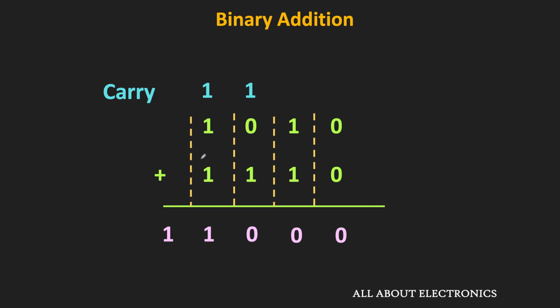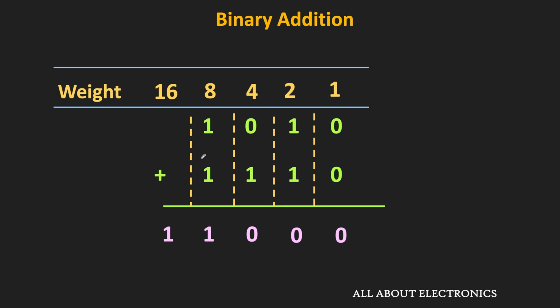To check whether our addition is correct or not, we can convert these numbers into the decimal equivalent. Here, let me also show the weight of each digit. For the first number, the decimal equivalent is equal to 8 plus 2, that is equal to 10. Similarly, for the second number, the decimal equivalent is equal to 8 plus 4 plus 2, that is equal to 14.